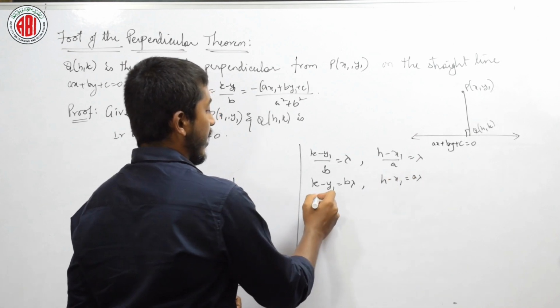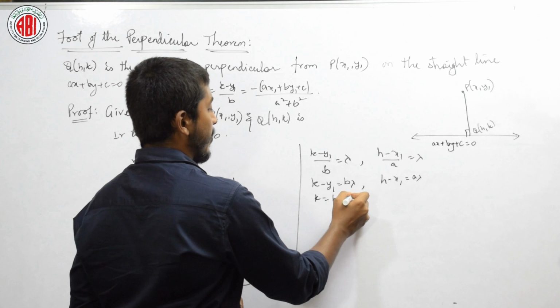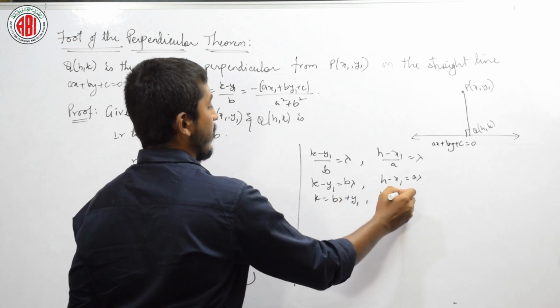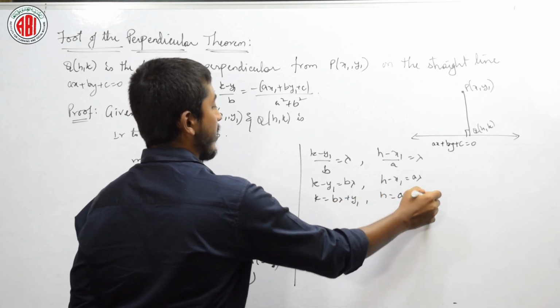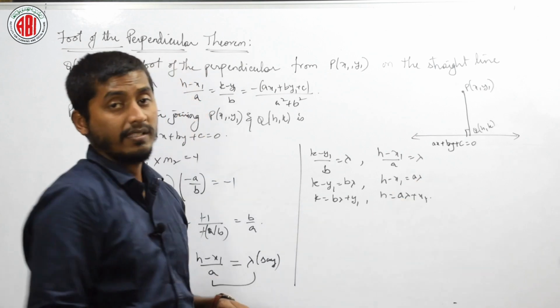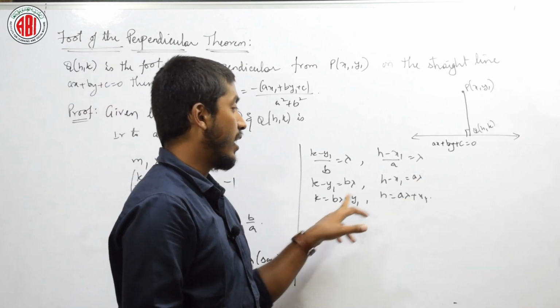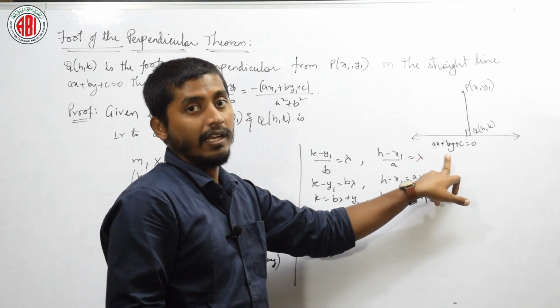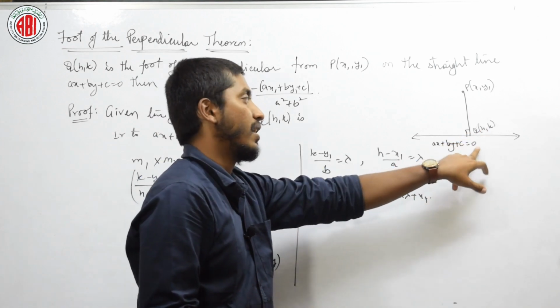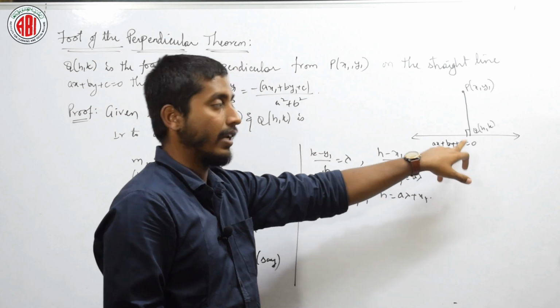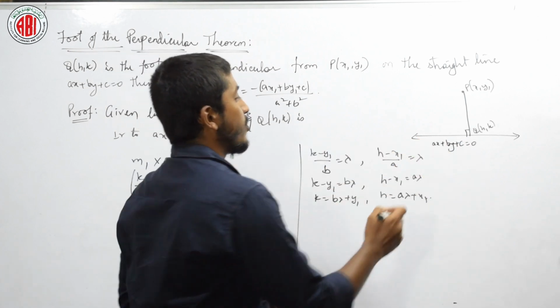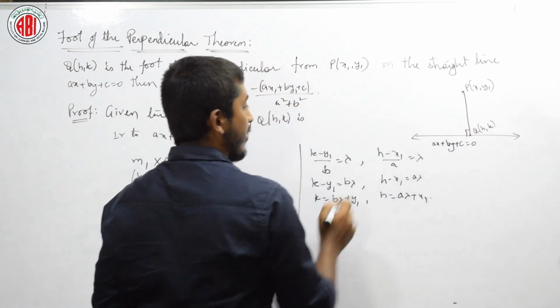Here we get k = b lambda + y1, h = a lambda + x1. Is it clear? We know that h, k passes through this particular line. Therefore, let us substitute Q(h, k) in this.